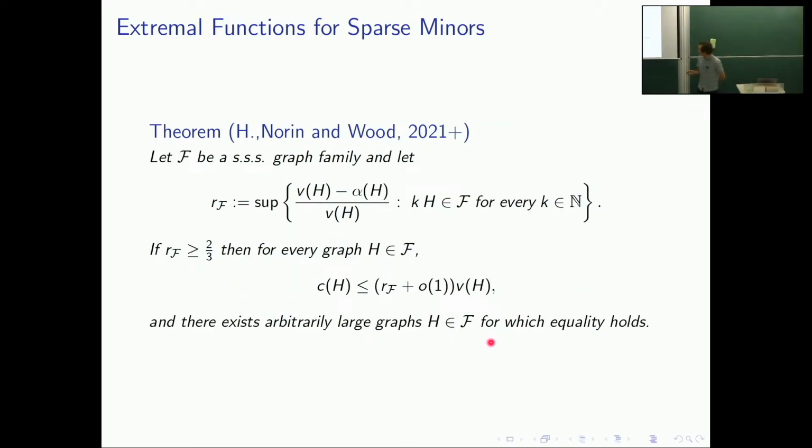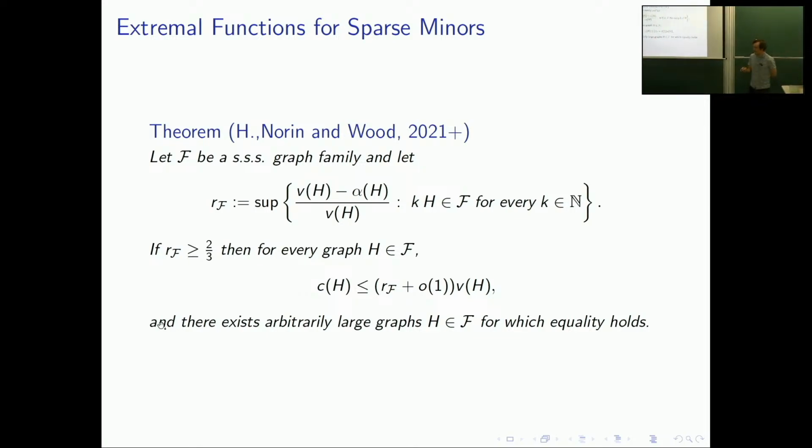Okay, so we have another result. If you have a sparse class of graphs, and we have this parameter here, which looks at the largest ratio of the size of the smallest vertex cover divided by the number of vertices, for every graph H such that disjoint unions of H are still in the class.